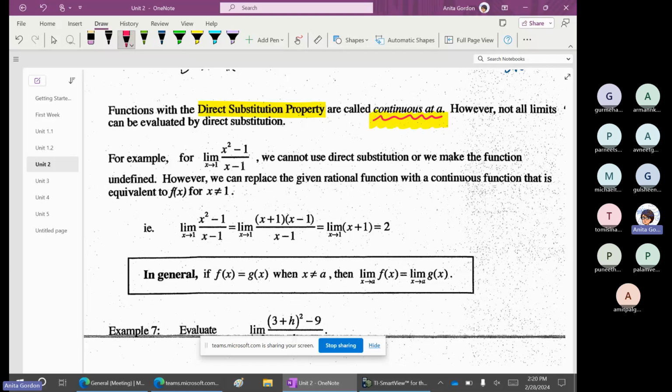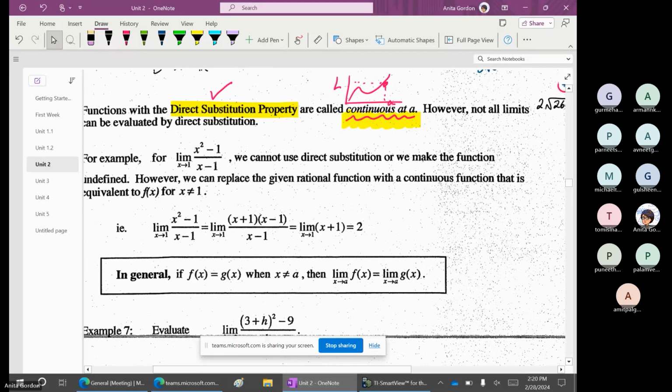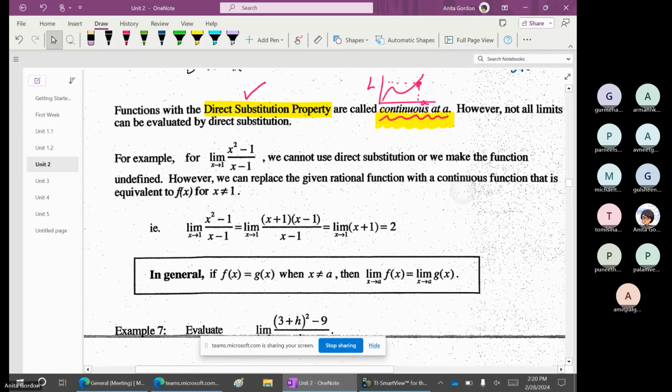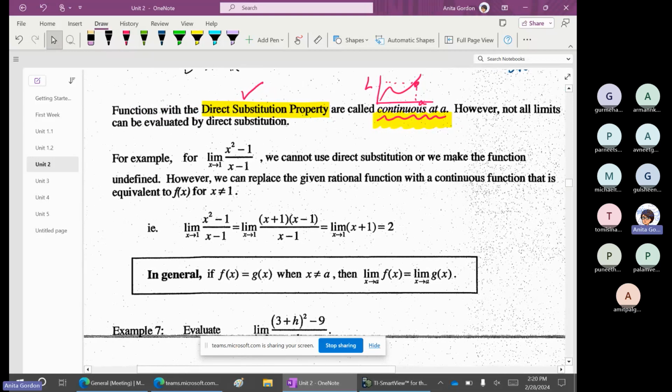Continuous means they exist at the point a. So whatever my point is at a, the limit exists. As long as I can use direct substitution, it is continuous. It means the function continues right through that point, from the left, continuing right to the right.